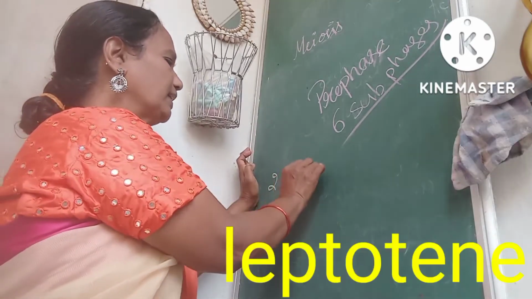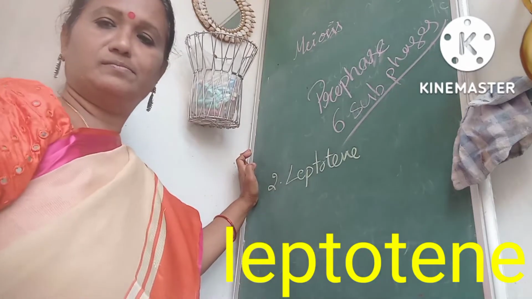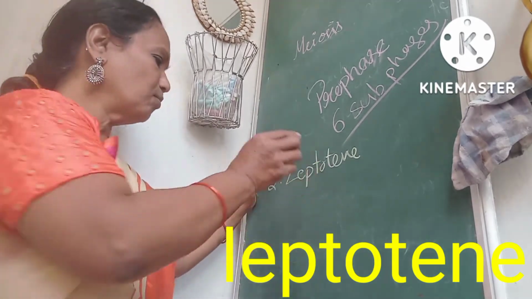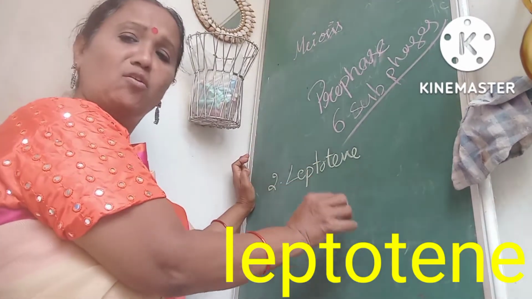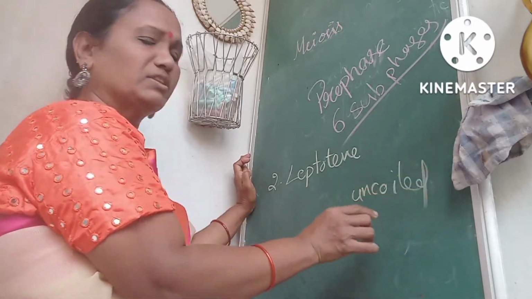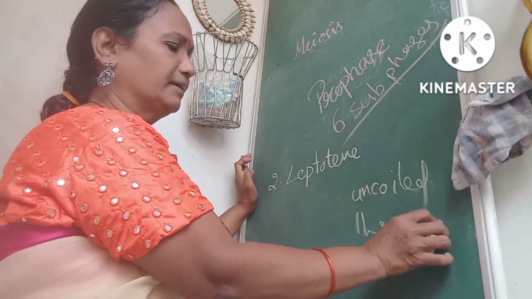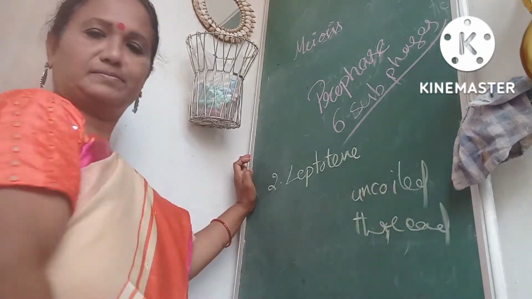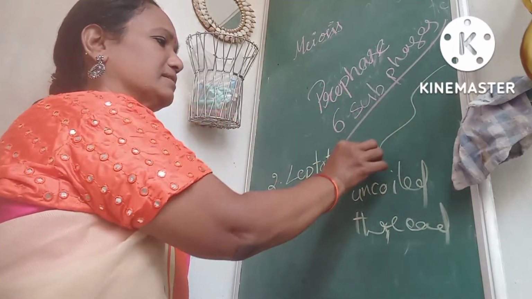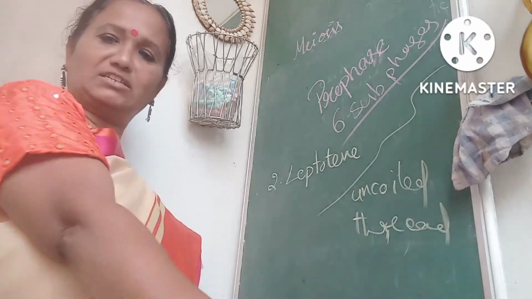In the leptotene stage, chromosomes are more uncoiled and more thread-like: long, uncoiled, thread-like structures.